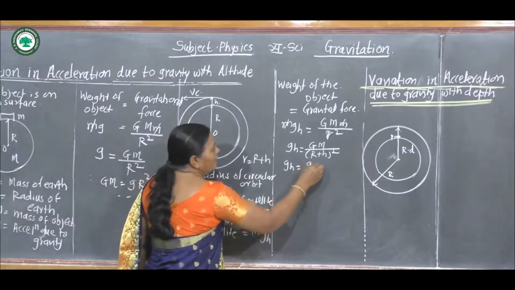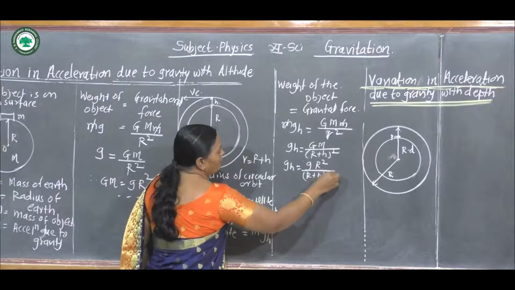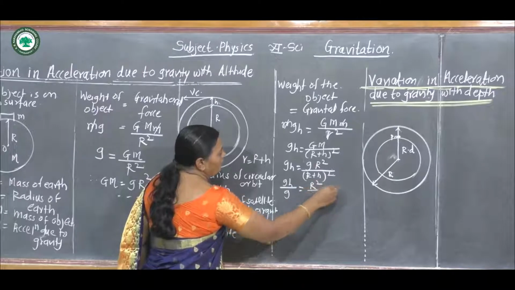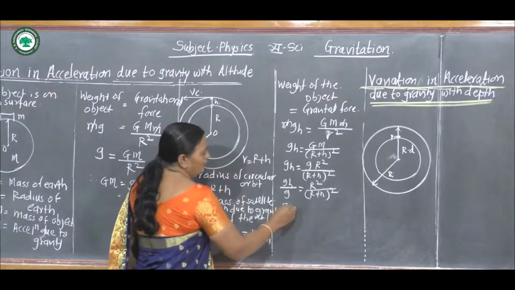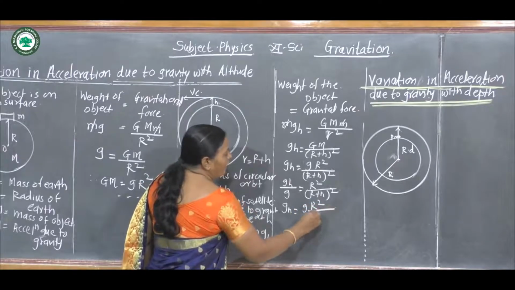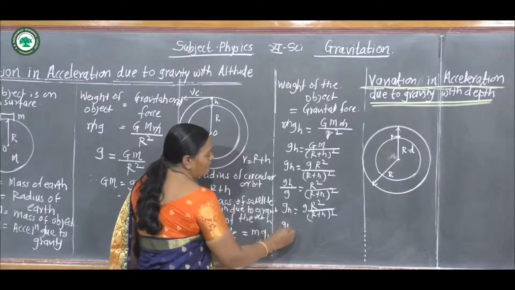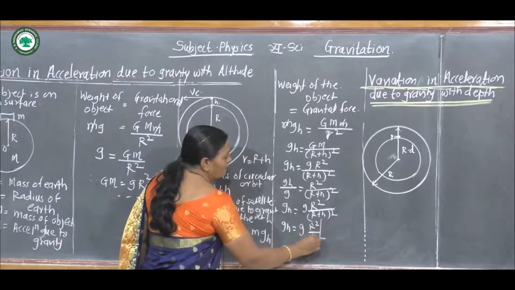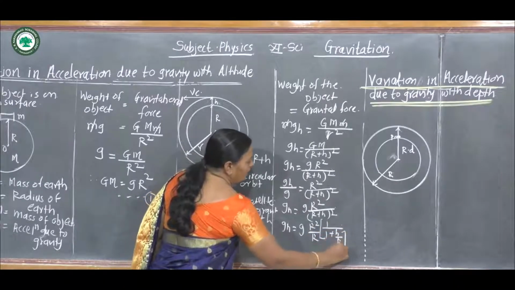We get g_h equal to g R square divided by (R plus h) square. Now R square is taken common, so g_h is equal to g into 1 upon (1 plus h divided by R) square.